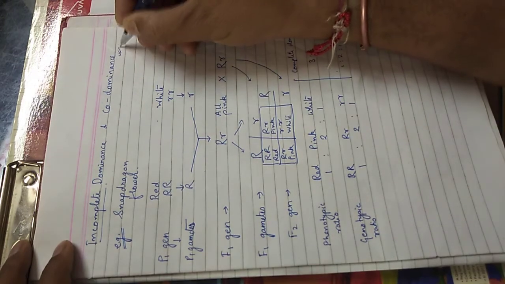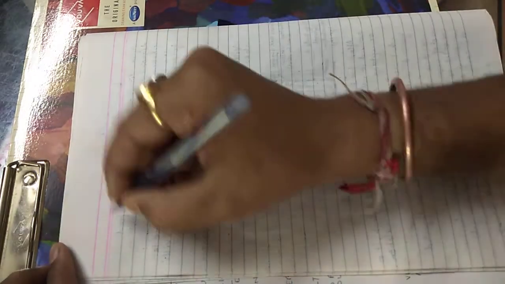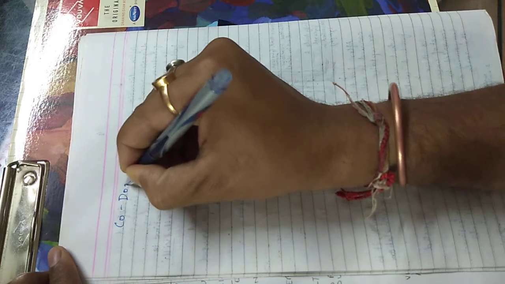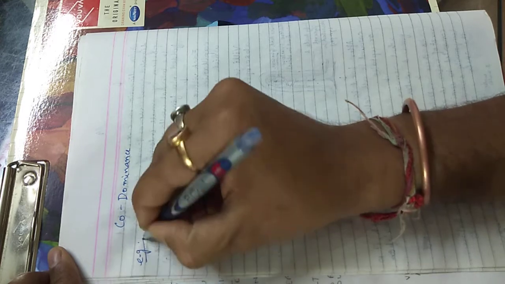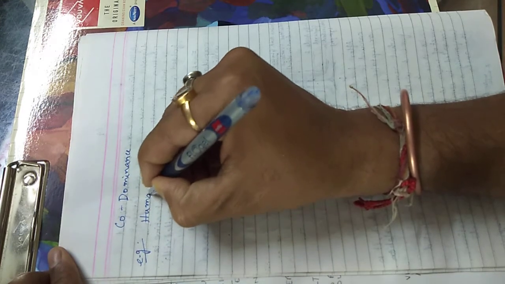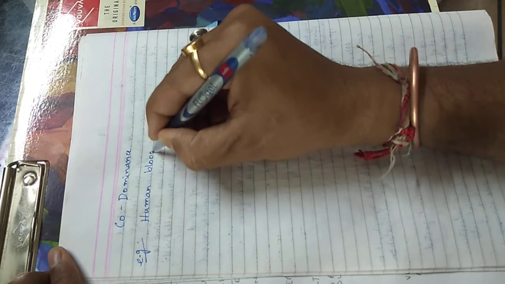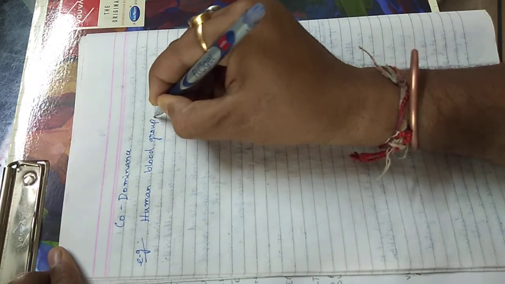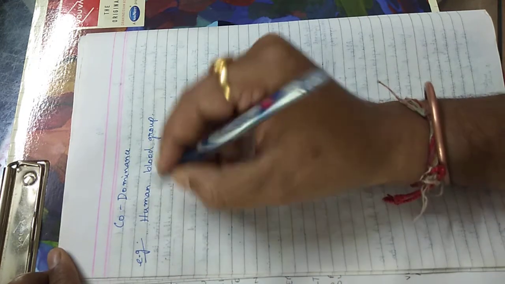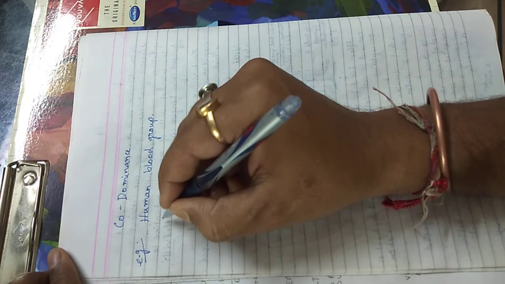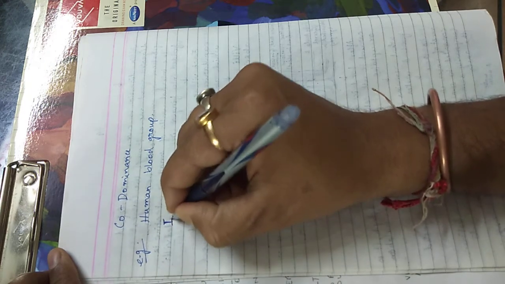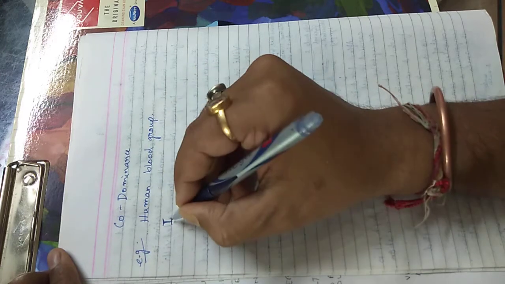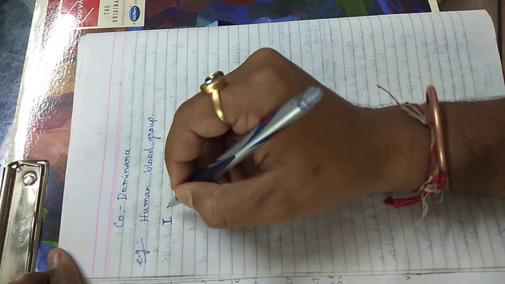Next we will be discussing codominance. In case of codominance, we can take the example of human blood group. Human blood group is determined by a gene represented by I, for immunoglobulin, which is a protein, and this gene has three forms, or we can say three alleles.